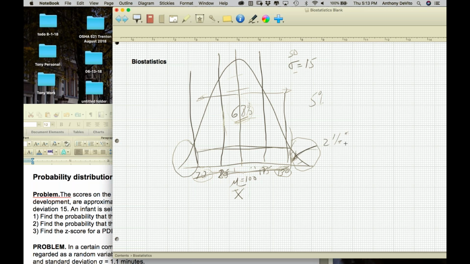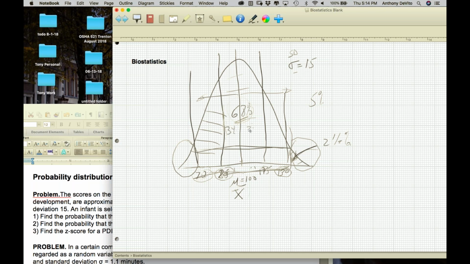If I asked you what percentage of these children had scores below 85, what would you say? 85 is one standard deviation below the mean. Between here and here is 68%, and since it's symmetrical, this side is 34%.